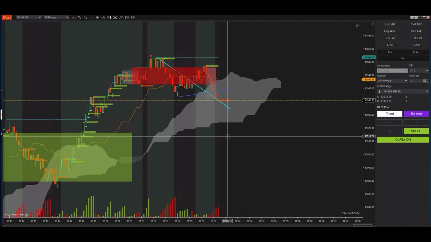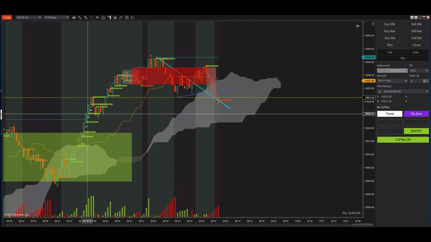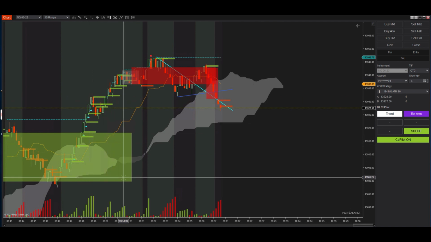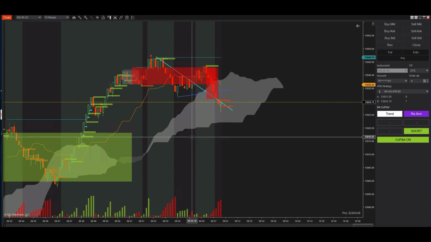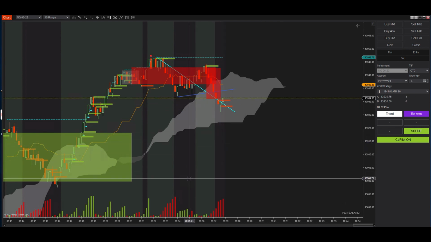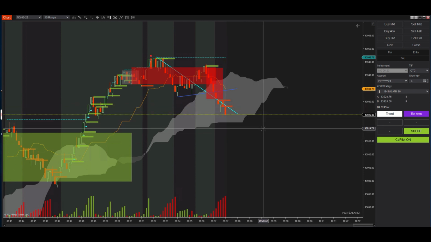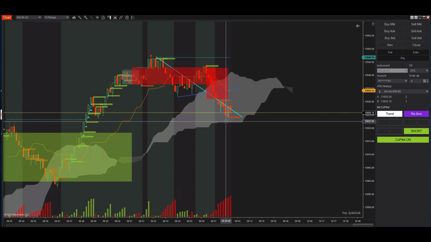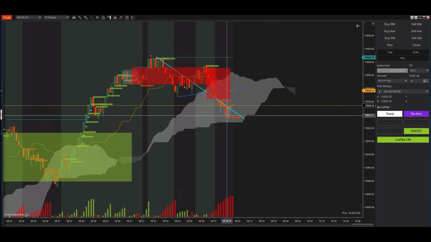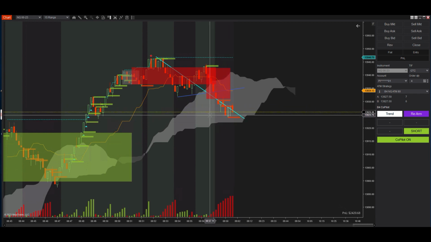Okay, shaping up more for the bears here. We got support right there. If you look left, right up in there, you got support. That flat Senkou Span B there is the last stance. Look left, right there. There's your support right there.